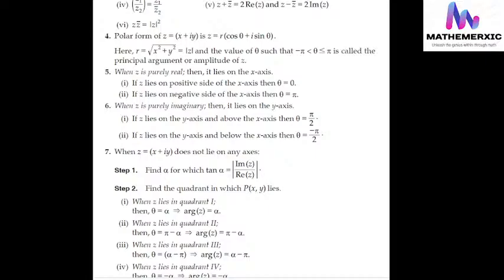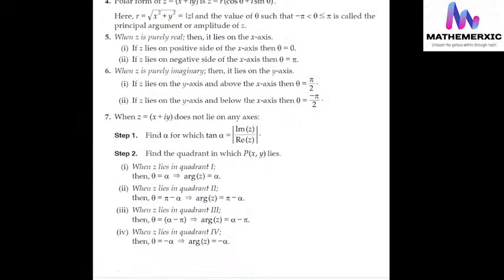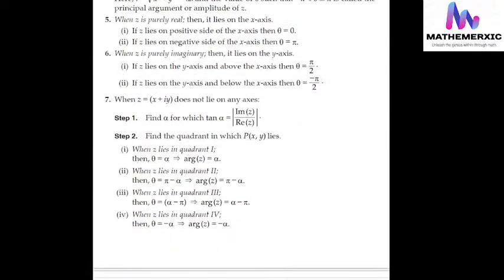Z is equal to x plus iy and does not lie on any axis. When that happens, then we have to find the value of alpha, for which tan alpha is equal to the imaginary part of z upon the real part of z. Find the quadrant in which the point xy lies.